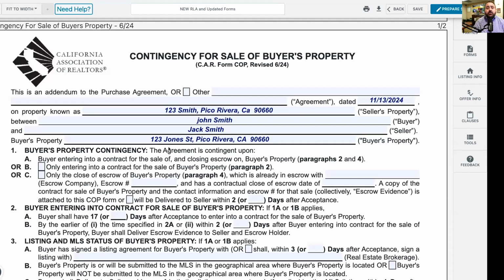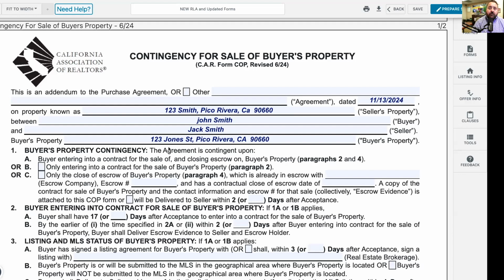There are some issues there as far as strength of offer goes, because as a seller now, I have to take my house off the market and wait for you. Okay, we'll talk about the protections for the seller in those conditions later on when we get in the form.